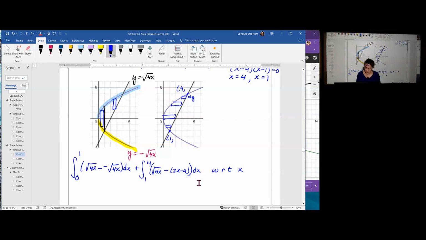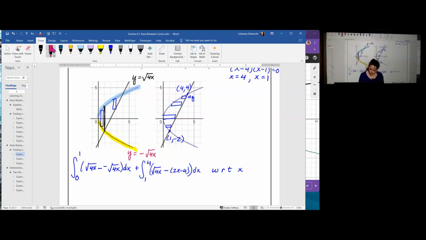I'm going to choose to use the line. If I take my 1 and substitute it, I get 2 minus 4, which is negative 2. And you can see from the graph that that's clearly where it is. If I substitute 4 for x, I get 8 minus 4, which is 4.